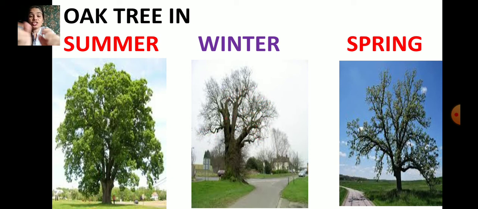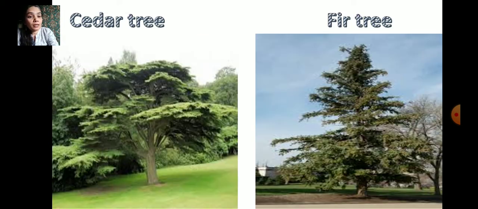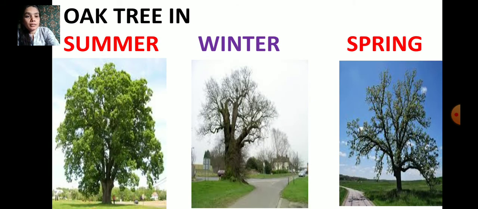No, they shed all their leaves. But evergreen trees are green throughout the year and never shed their leaves. These oak trees shed all their leaves in the winter season, and new leaves grow in the spring season. So they are called deciduous trees.